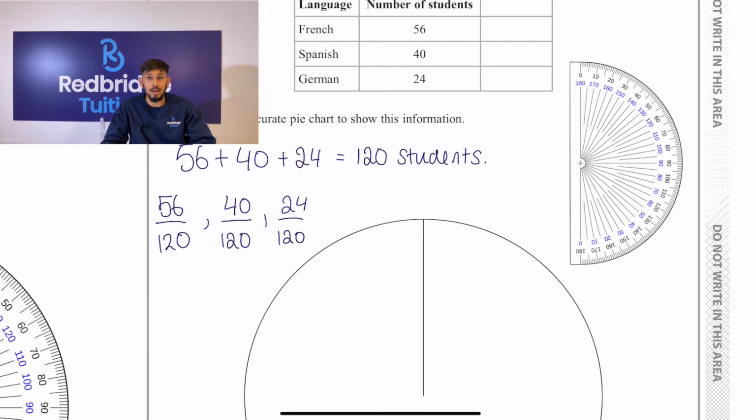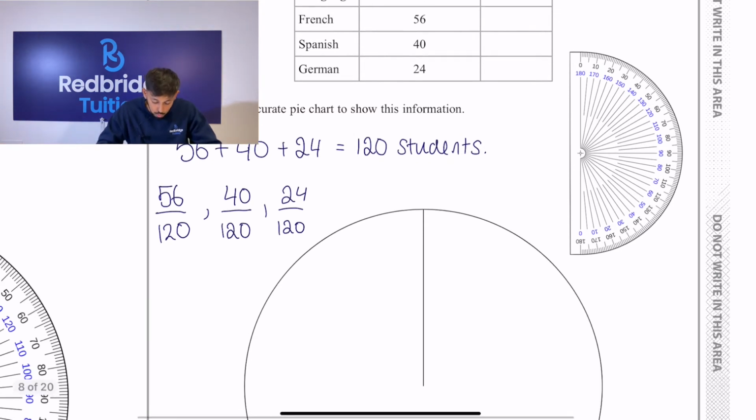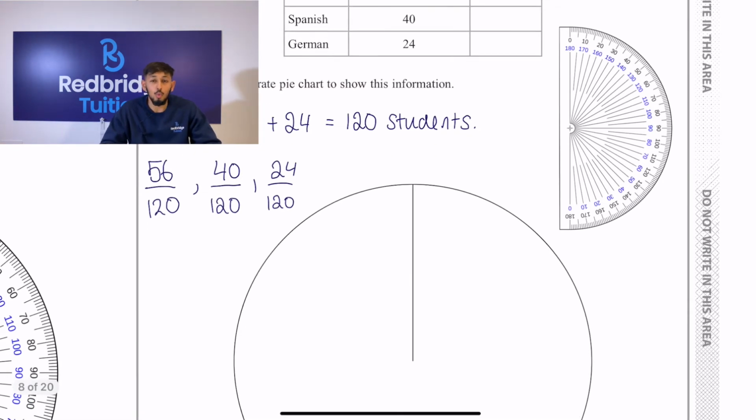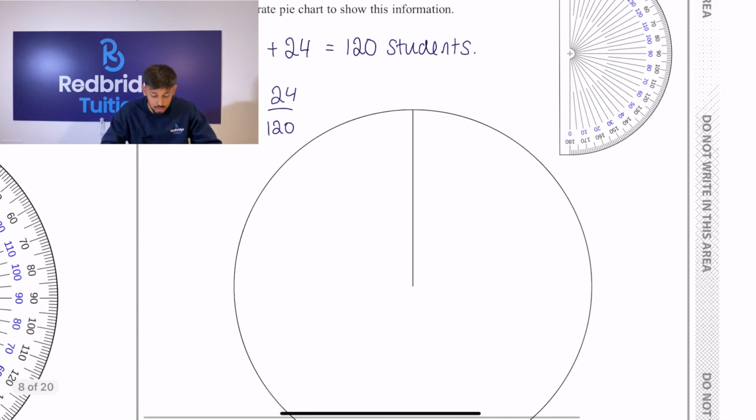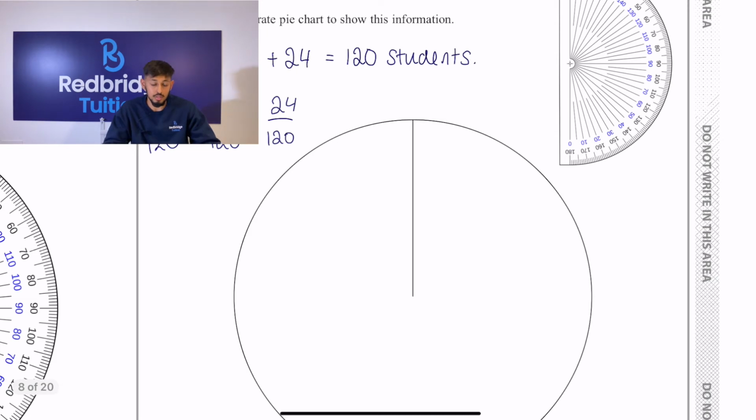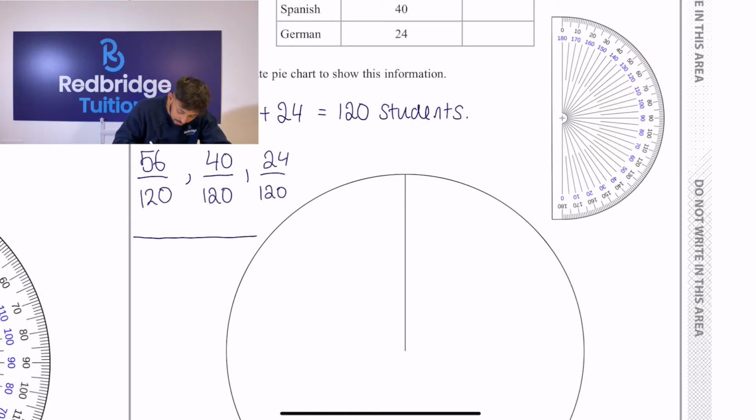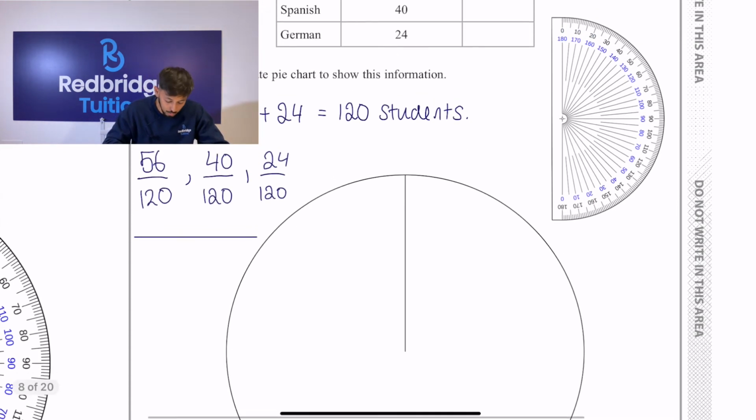Now, in this format, it's very difficult to draw our pie charts. What we need to remember is that one full turn of a circle is 360 degrees. We notice that 120 times 3 is equal to 360. So the equivalent fractions would be as follows.